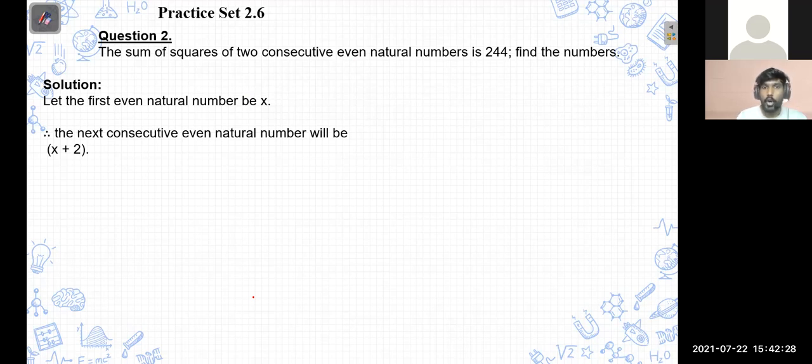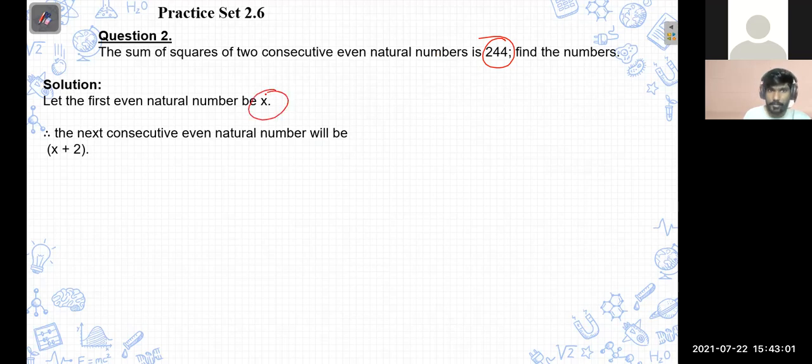Sum of squares means you have to square each number and then add them. That is 244. Can you tell me how to write the condition? x square plus 2 square equals 244?